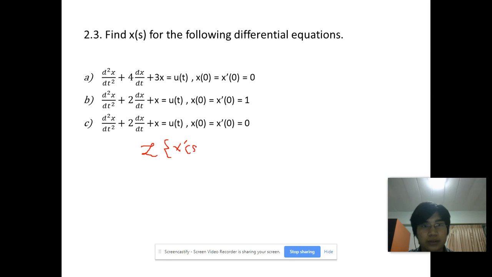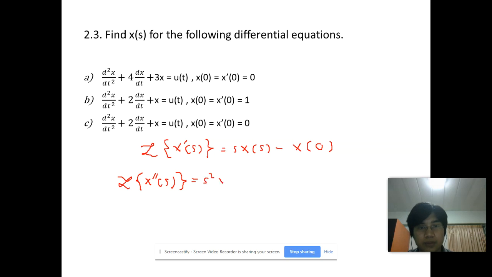L{x'(t)} equals sX(s) minus x(0). So this is the first derivative, and the second derivative, L{x''(t)}, equals s squared X(s) minus s x(0) minus x'(0).